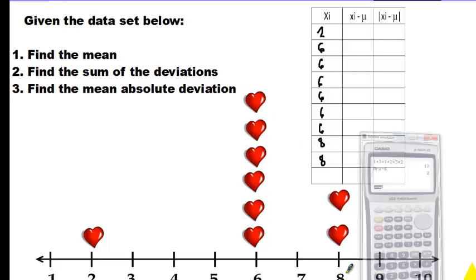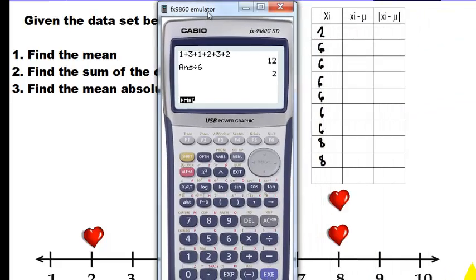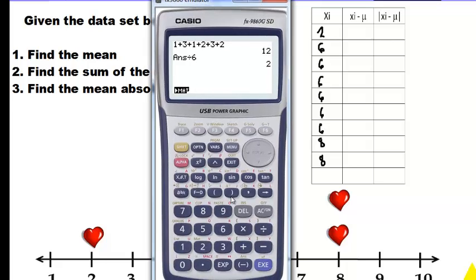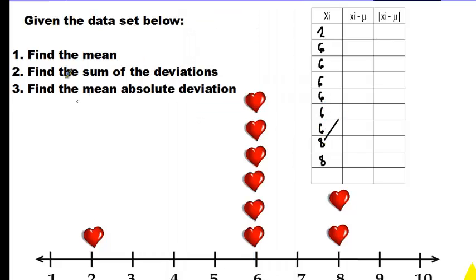First, let's find the mean. 2 plus 6 plus 6 plus 6 plus 6 plus 6 plus 8 plus 8. That's 54 divided by 9. So we have 6. So our mean here, mu, is equal to 6.